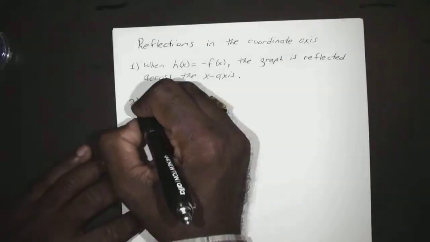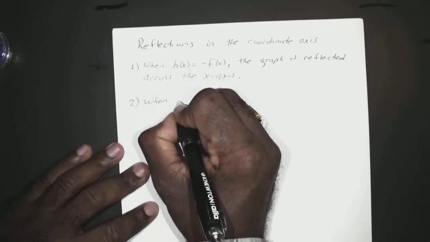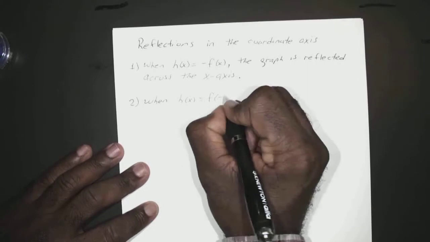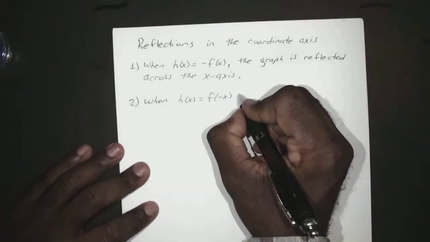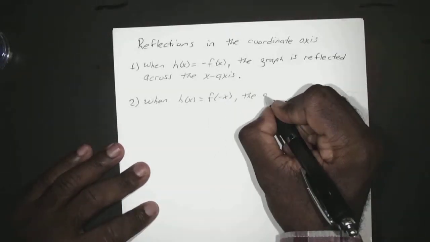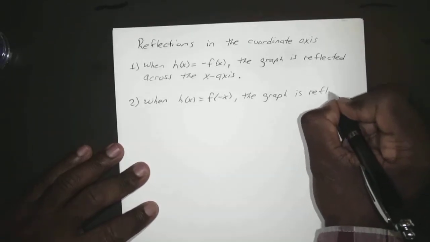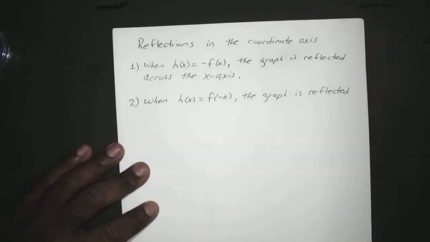And 2, when h of x equals f of negative x, the graph is reflected across the y-axis.